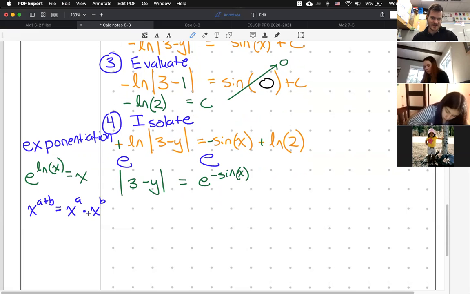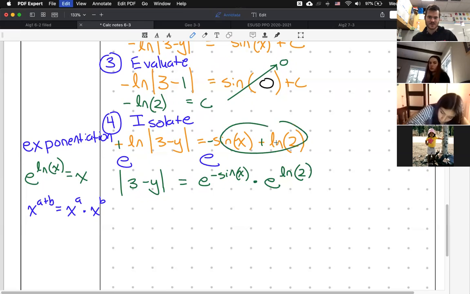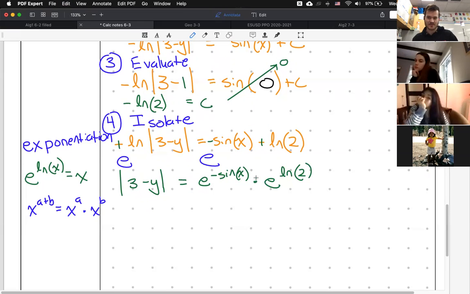As long as the bases are the same, you can separate this with a multiplication symbol, which will help us, and you'll see why in a second. So I'm going to say this is now e to the power of negative sine of x times another base of e to the power of natural log of 2. So you're allowed to split these powers apart using rules of exponents. Let that sink in for 5 seconds.